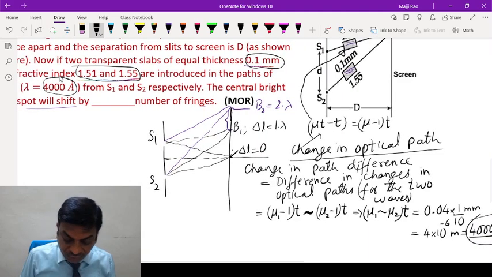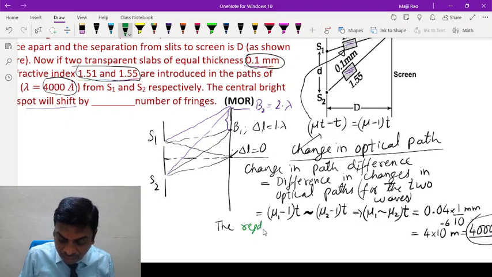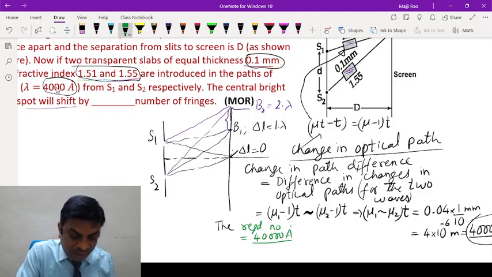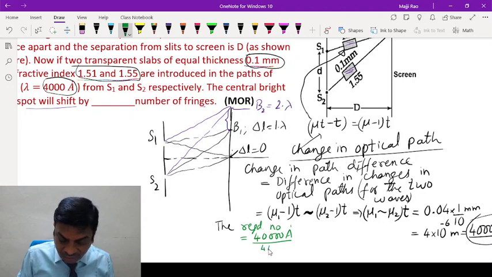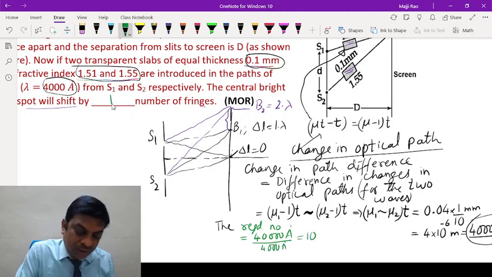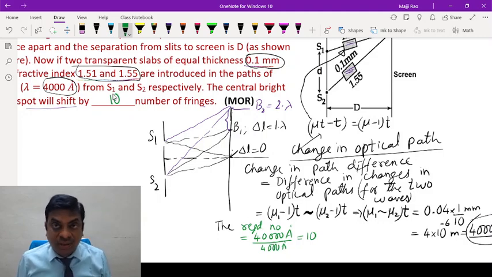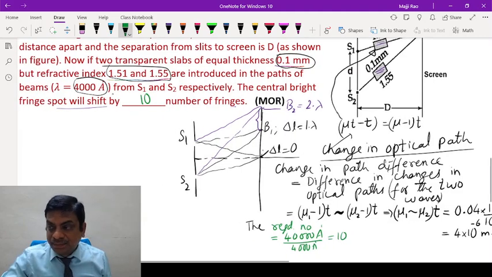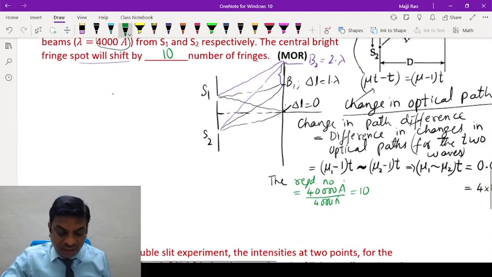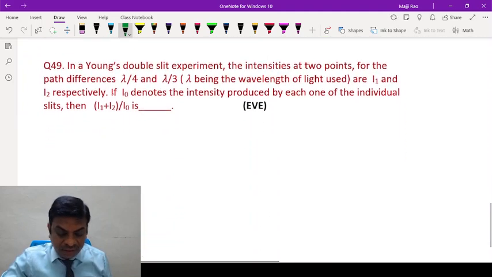So the required number is the total change in path difference, which is 40,000 angstrom, divided by lambda, which is 4000 angstrom. So in all we get 10. So 10 fringes would have crossed the central bright fringe. So I hope that is clear. Let us move to the next question, please.